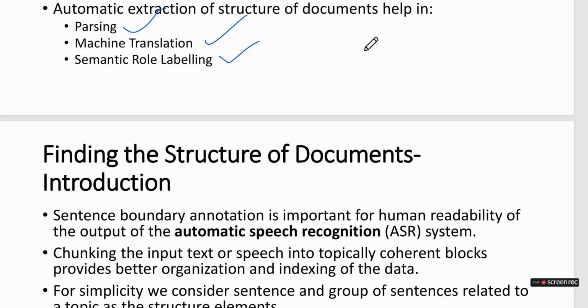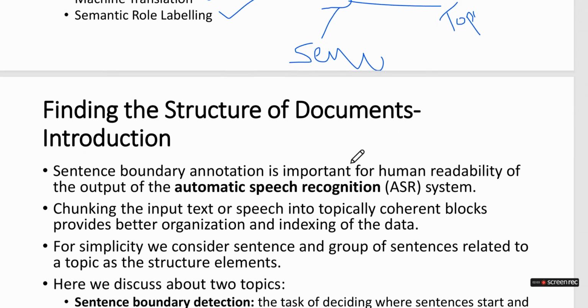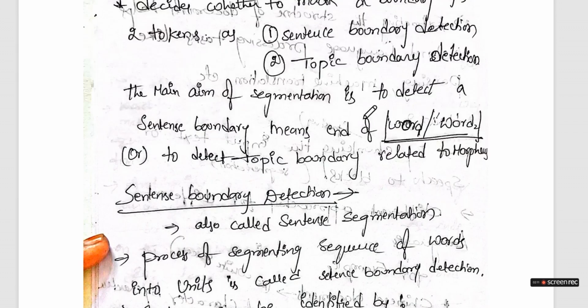This segmentation procedure can be done in the form of sentence boundary detection and topic boundary detection. First we need to understand what sentence segmentation is.